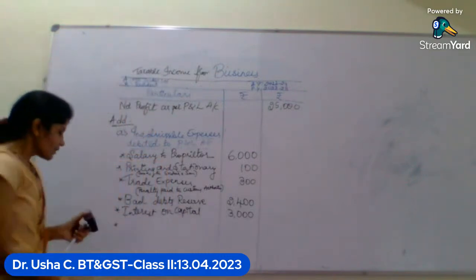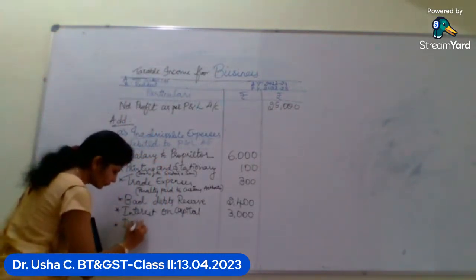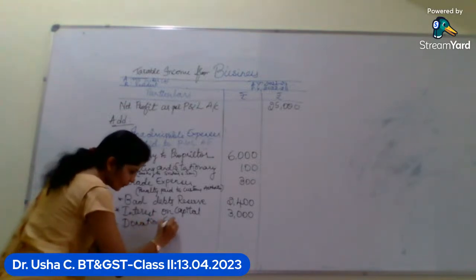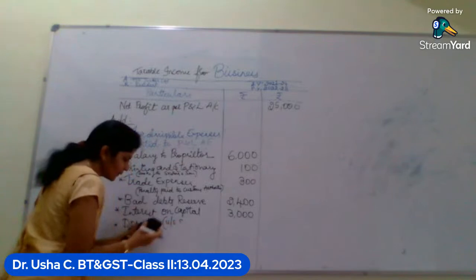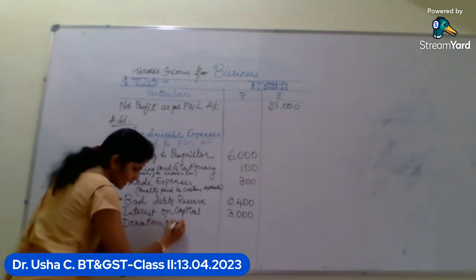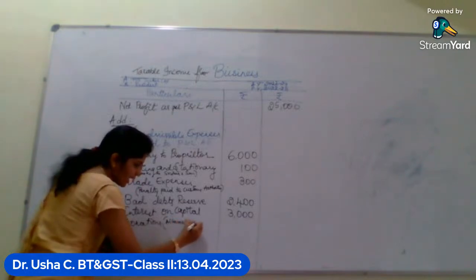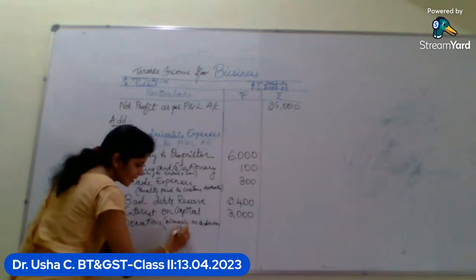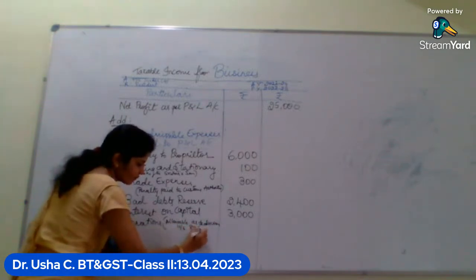Next, donations, correct? So the donation is allowable as deduction. You can write in the bracket, allowable as deduction under section 80G.